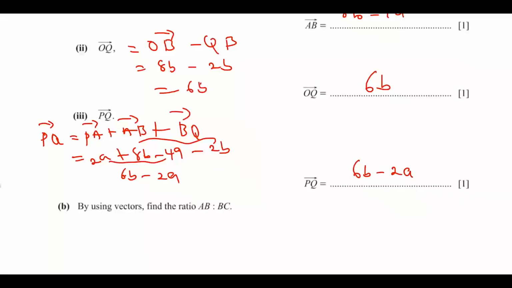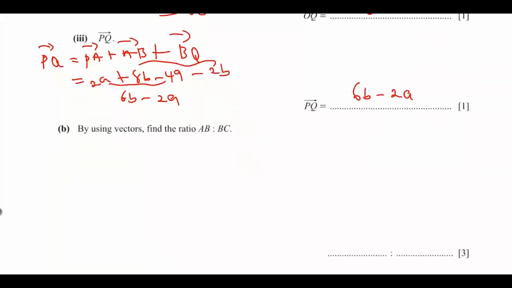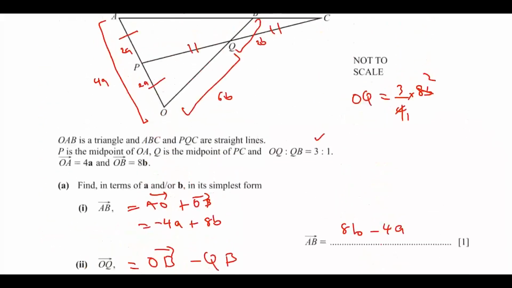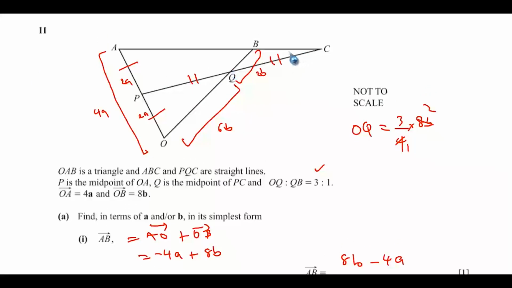The last part will be part B. By using vectors, find the ratio AB to BC. We've already found AB, so we need to find BC. Let's go to the diagram. BC will be equal to BQ plus QC.